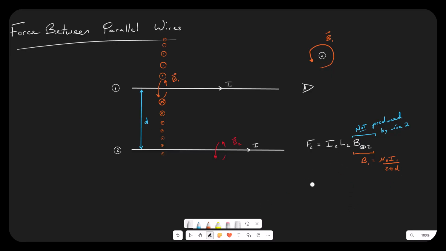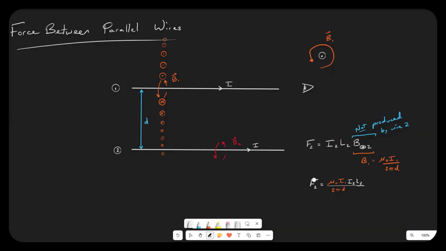If I put those together, I now get a force on wire 2 that looks like I've got a mu naught, an I1, an I2, maybe I can color code these. I've got a mu naught I1 over 2 pi d, and all of that comes from B1. I also have this I2, and I also have this L2.